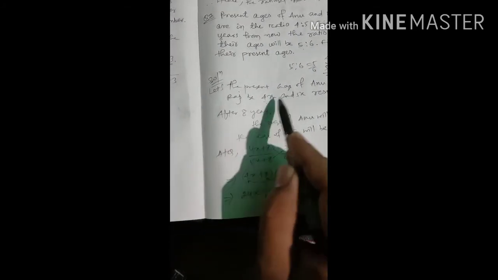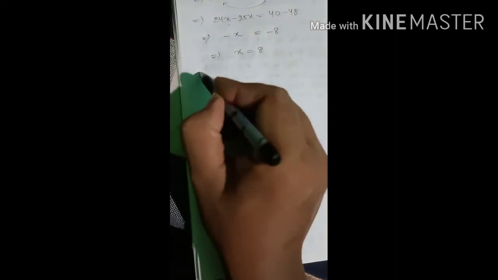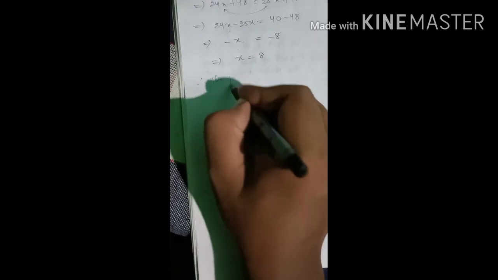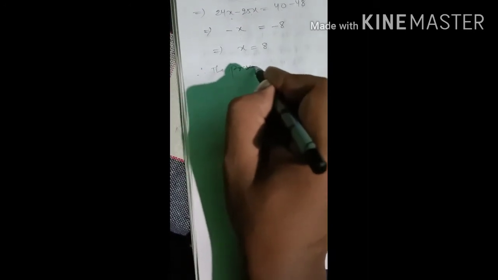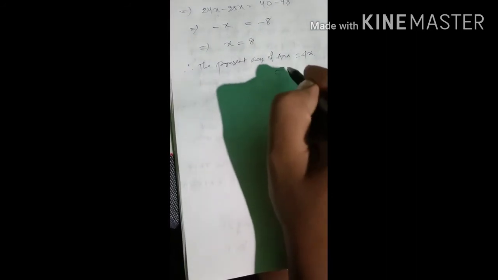Here the value of x is equal to 8, but we have to find the present ages of Anu and Raj, which we have taken as 4x and 5x. So the present age of Anu is 4x and the present age of Raj is 5x. So the present age of Anu is equal to 4x, which is 4 into the value of x, that is 8. 4 8s are 32 years.